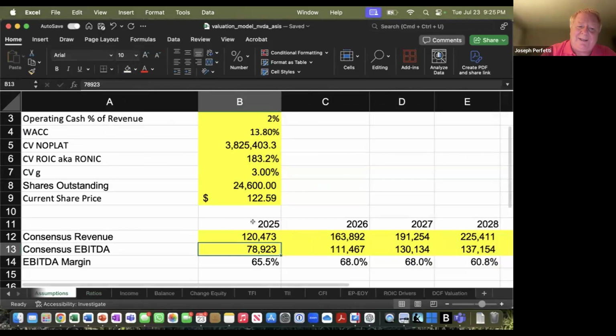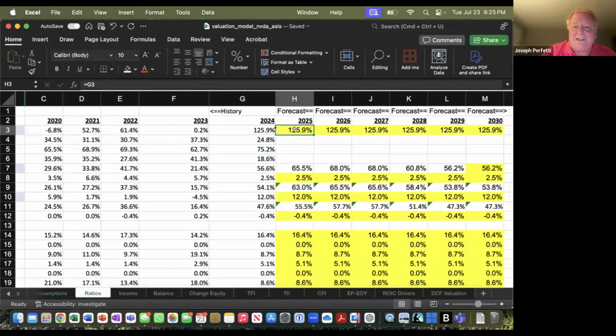I need to do the same thing with the revenue. Now, to get the revenue, I need the growth rates. So what I'm going to do is solve for the growth rate that equals the consensus. The formula for percentage change is current year minus previous year divided by previous year.